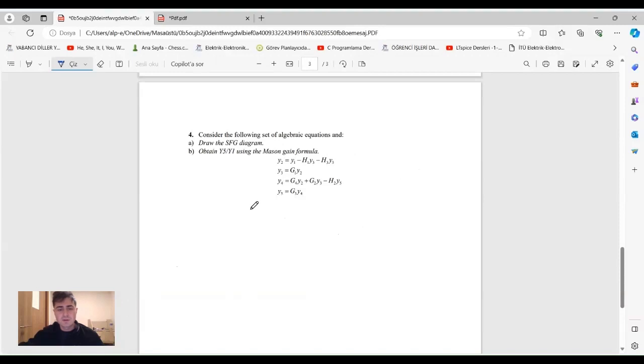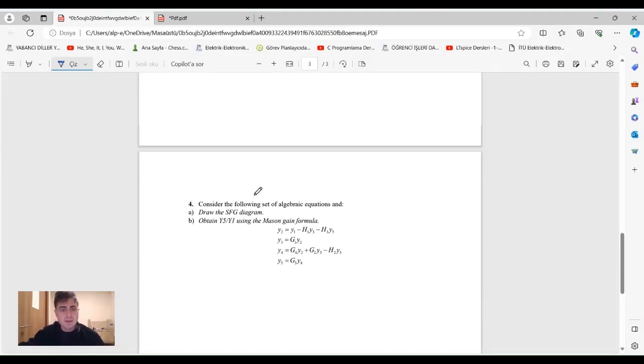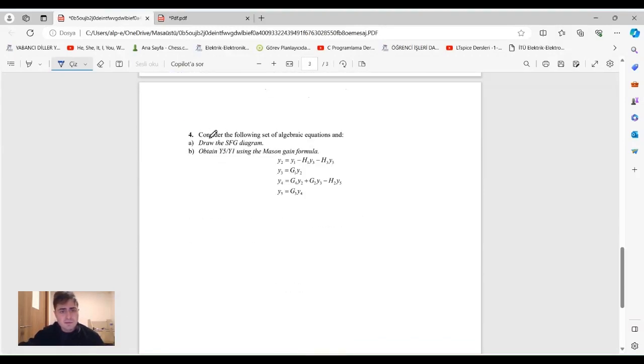Okay, we calculate the last question. In this question, consider the following set of algebraic equations and draw the SFG diagram, and B, obtain E5 over E1 using the Mason gain formula.